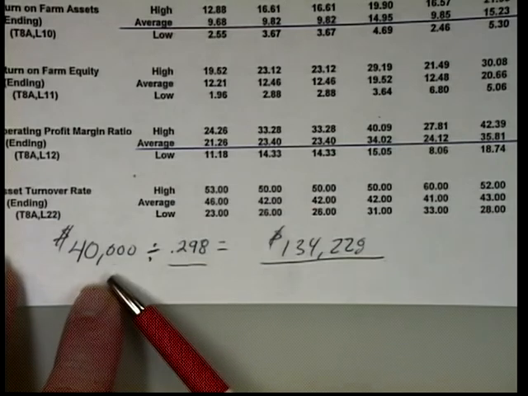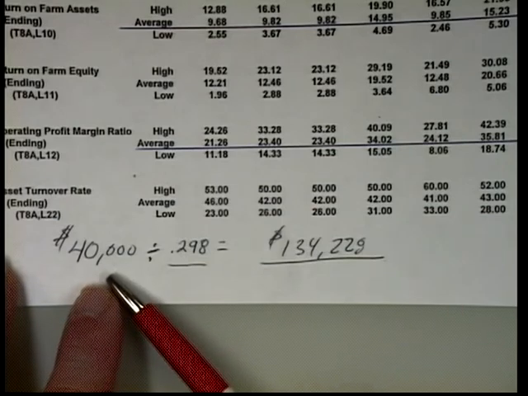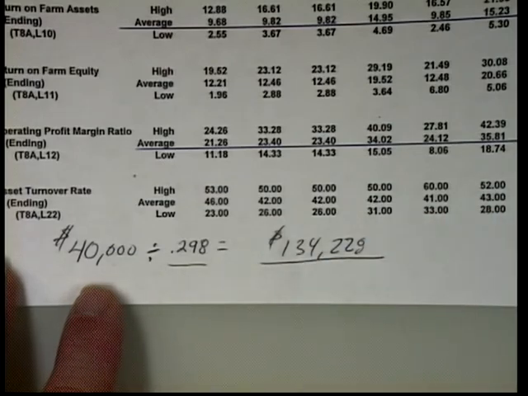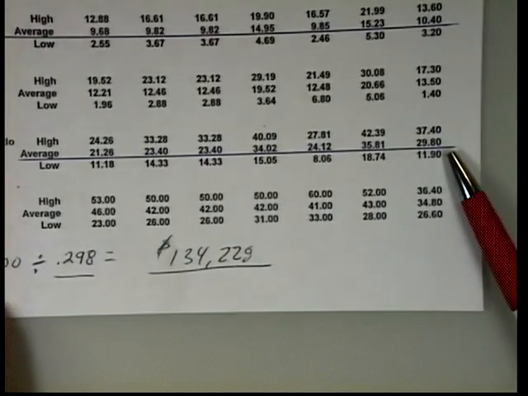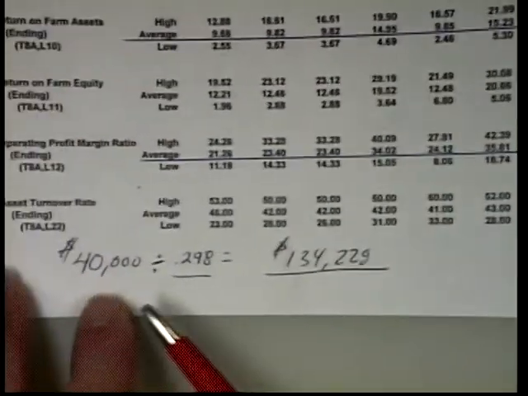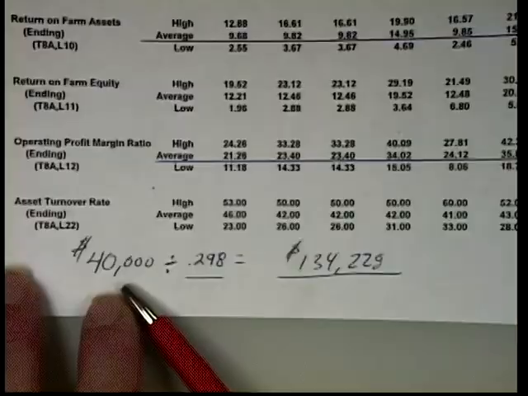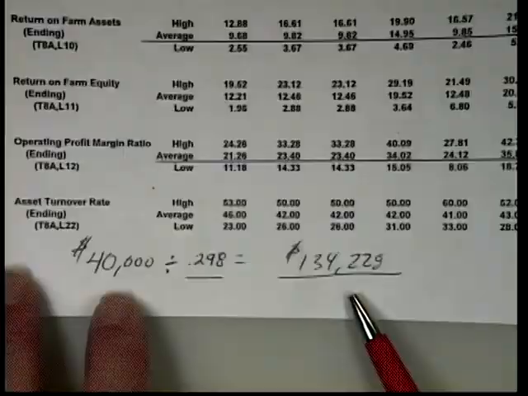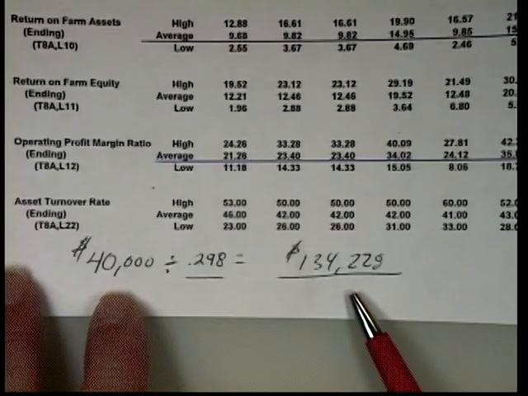If I want to pay a family member $40,000 in wages, benefits and salary, and I've got a profit margin ratio of 29.8%, I divide what I want to pay the new employee by that in decimal form, and that's the amount of dollars of gross revenue that I need to generate to pay for that additional family member.